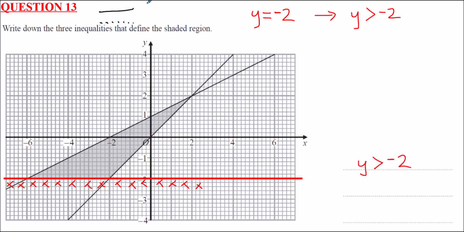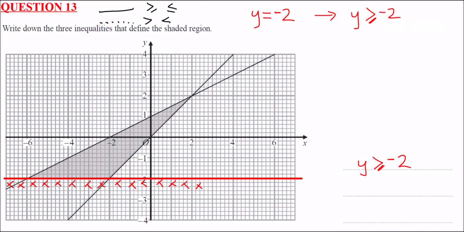So a filled in line therefore has this symbol here or this symbol like so. It has a line underneath. Having a line underneath the symbol to mean or equal to takes more ink, just as a full line takes more ink as well, whereas a dotted line will be strictly greater than or strictly less than. So because this is a filled in line, a full line, we need to put the line underneath the inequality like this. So this red line here is that y is greater than or equal to -2.